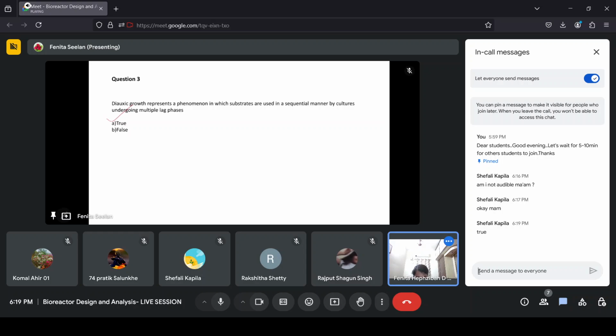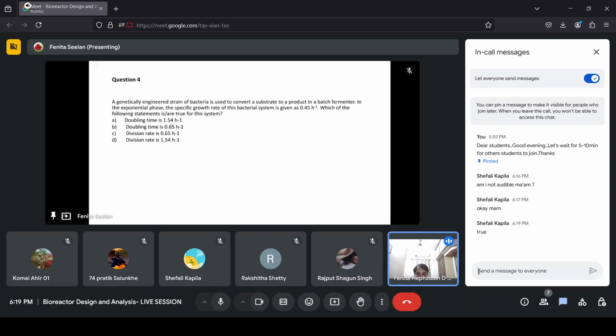So let's go to the next question, a small problem-based question. A genetically engineered strain of bacteria is used to convert a substrate to a product in a batch fermenter. In the exponential phase, the specific growth rate of this bacterial system is given as 0.45 per hour.